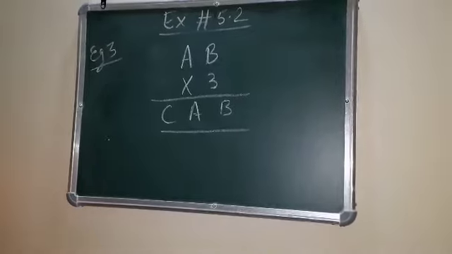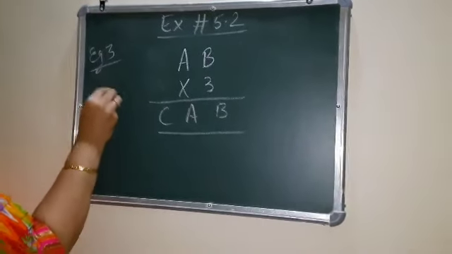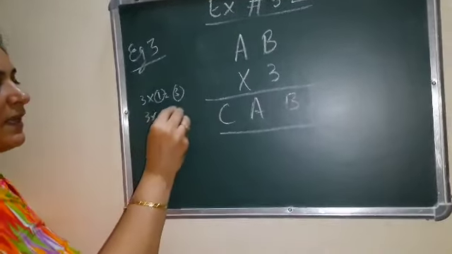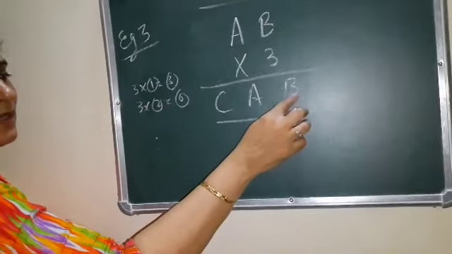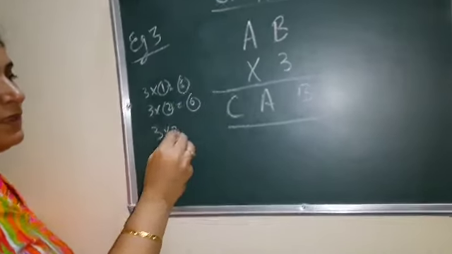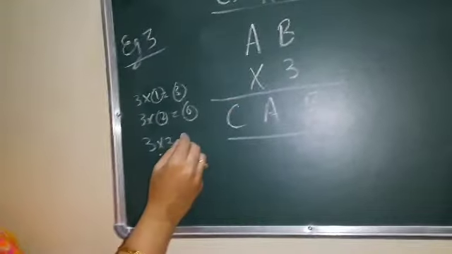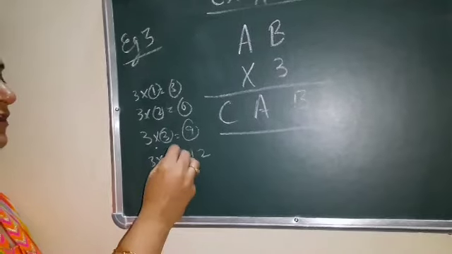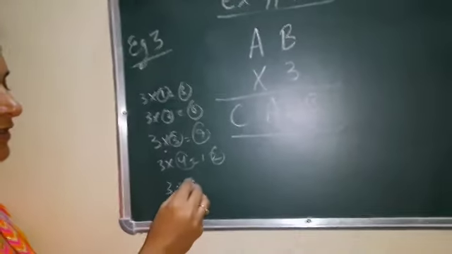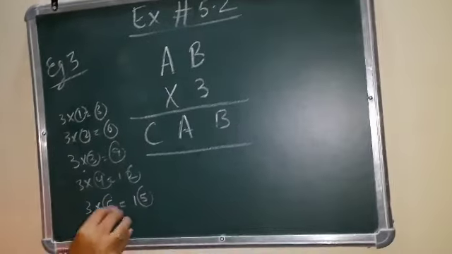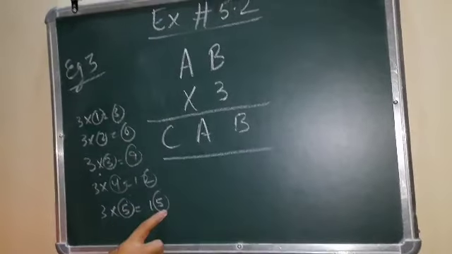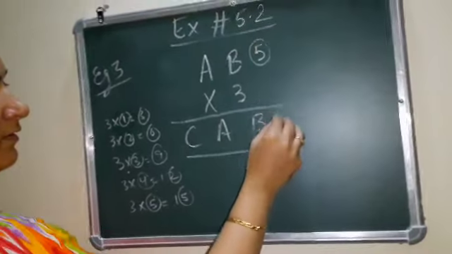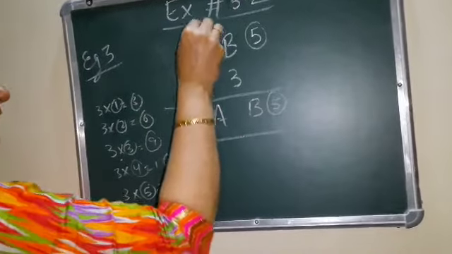So 3 multiplied by what will be same? 3 ones are 3, not same. 3 twos are 6, again not same. 3 threes are 9, again not same. 3 fours are 12, again not same. Unit digit. 3 fives are 15. Here I am getting the same. When I put 5, I am getting 5 as the unit digit. So I can put 5 here and check. 3 fives are 15, here also 5, and then 1 will be carry.